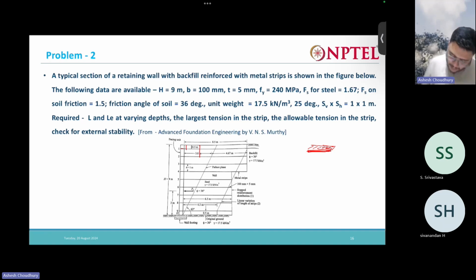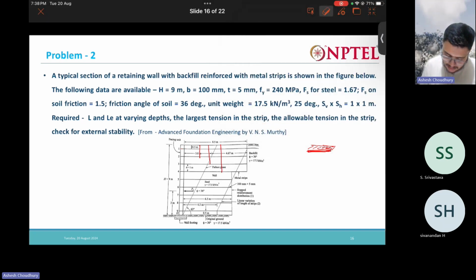Here to here it's 1.5. Here to here it is 2.5. Here to here it is 3.5. Isn't it? So 4.55 times each Z we have to do, so that we can get the total load taken by the total reinforcement. That you are calculating.